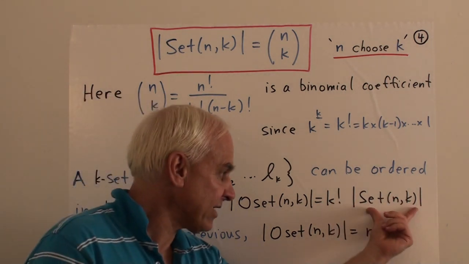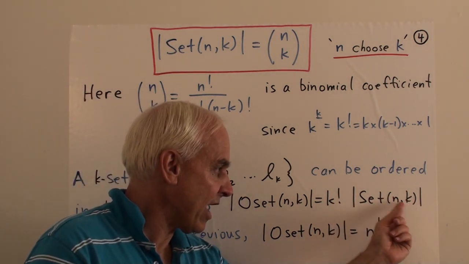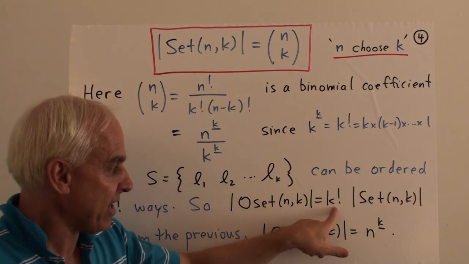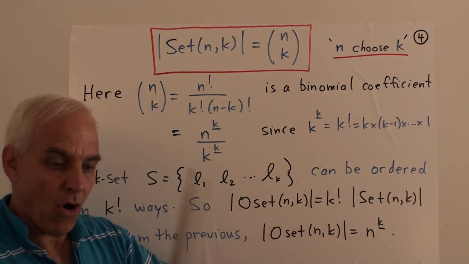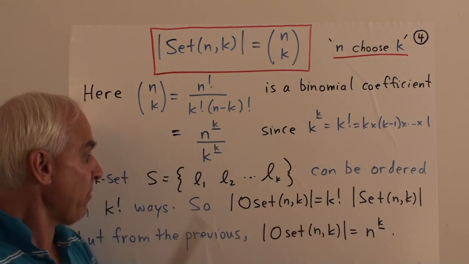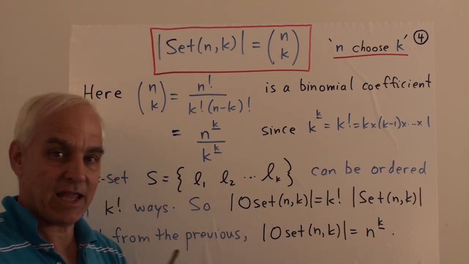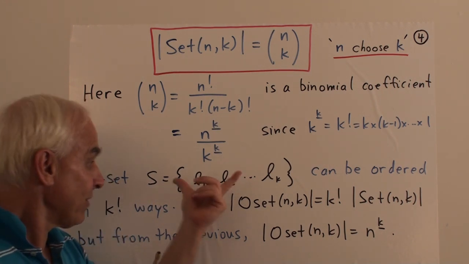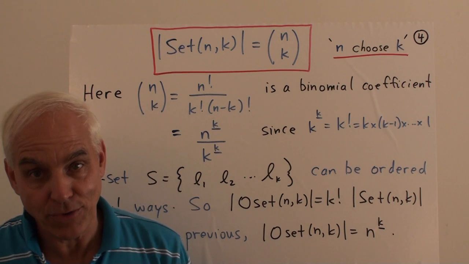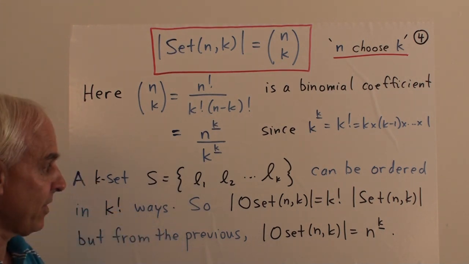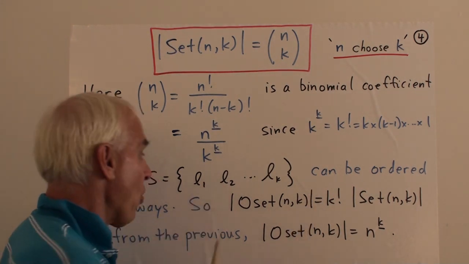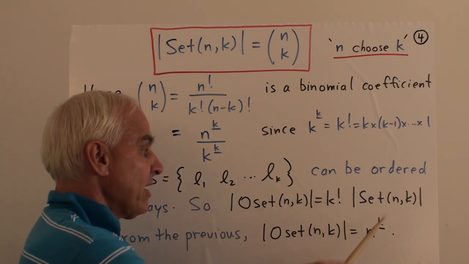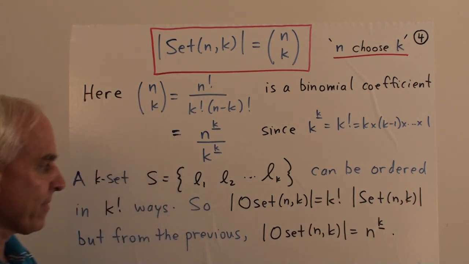If we take a set of size k from n and multiply it by k factorial, we're getting all the k factorial possible ordered sets that can be created from that original unordered set. So it follows that the number of ordered sets is k factorial times the number of sets.